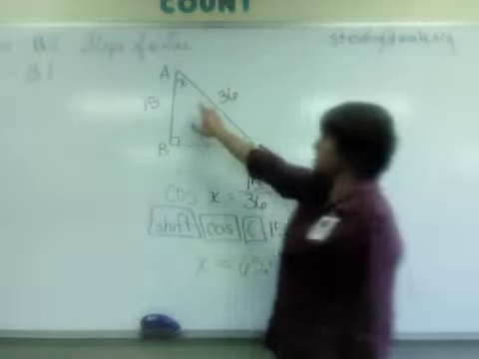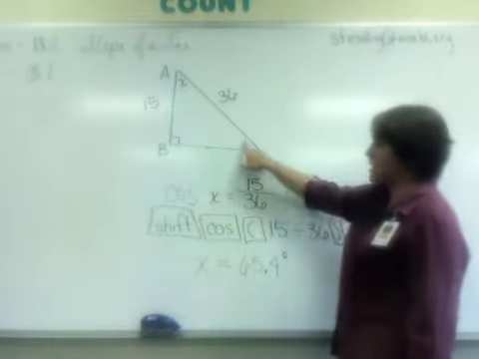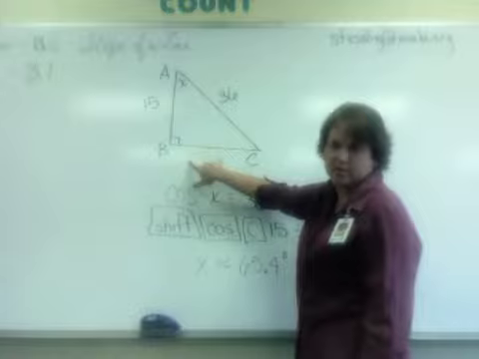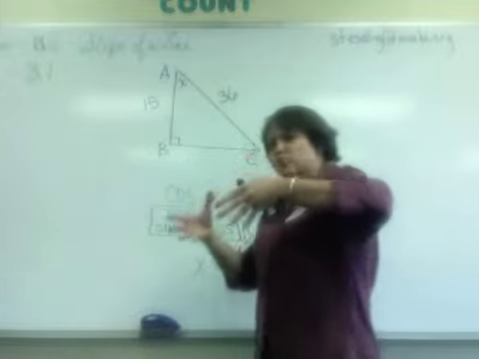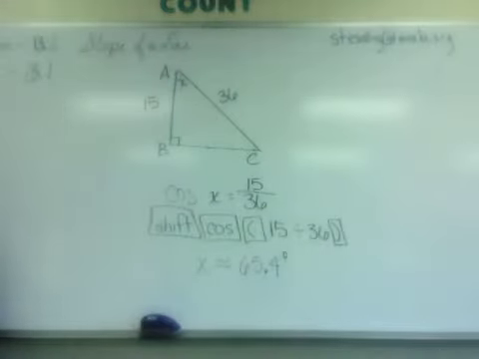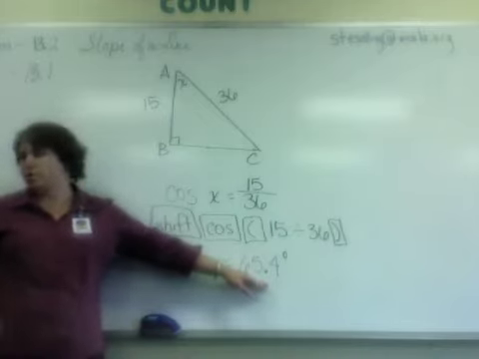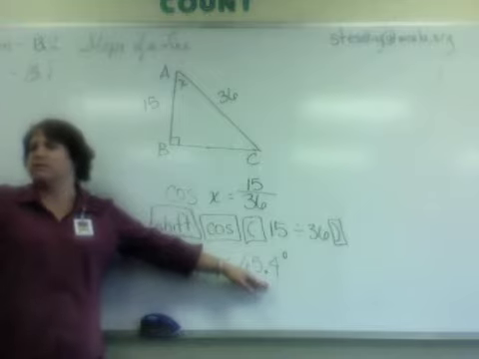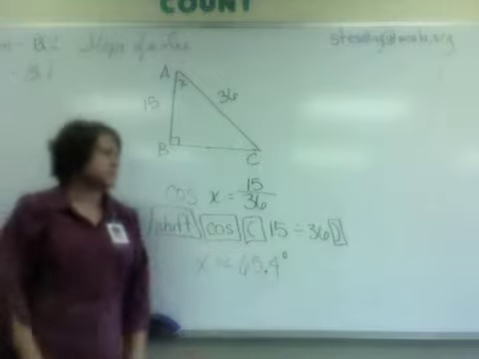If I started off and said, all right, here's these three things, I want you to find this angle, and I want you to find this side, you always want to start with the original measurements that you were given in calculating something new. I wouldn't want to use a rounded answer to try to find another answer, because then my next answer is going to be a little bit off. You see what I'm saying? Okay.